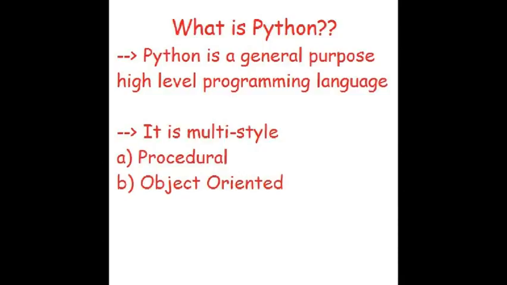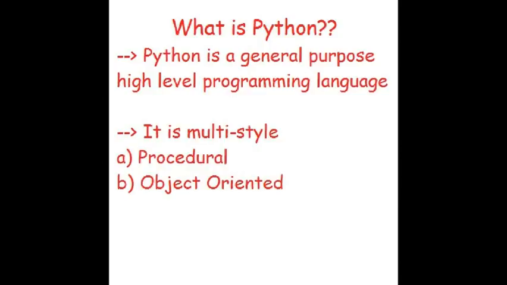Moving on, Python is a multi-style programming language. It is procedural as well as object oriented. Procedural is a simple programming style where we make simple procedures which we follow to do some programming, and we are not going to make the whole program out of object oriented modules.